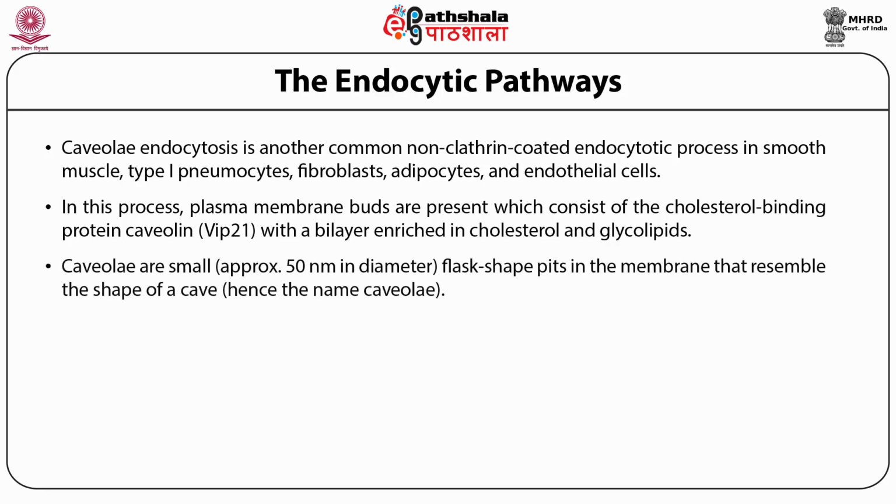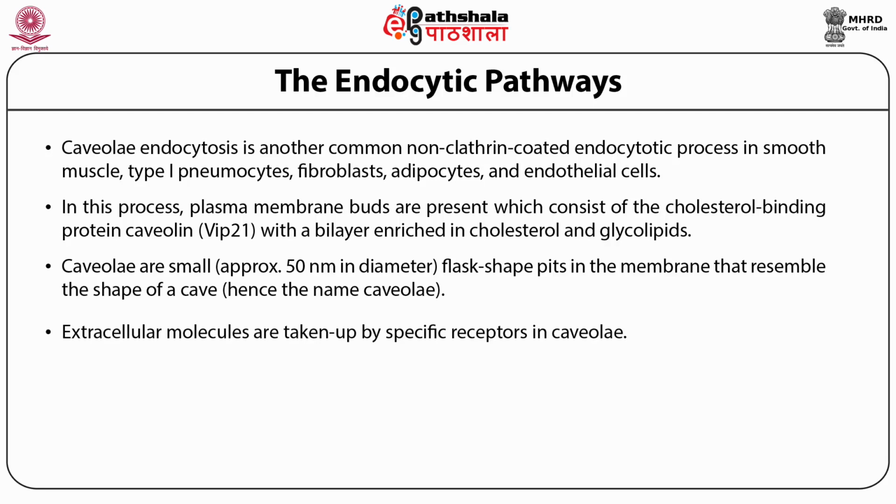Caveolae are small, approximately 15 nanometer in diameter, flask-shaped pits in the membrane that resemble the shape of a cave, hence the name. Extracellular molecules are taken up by specific receptors present in this caveolae endocytosis.